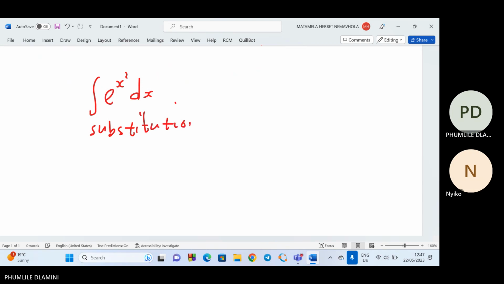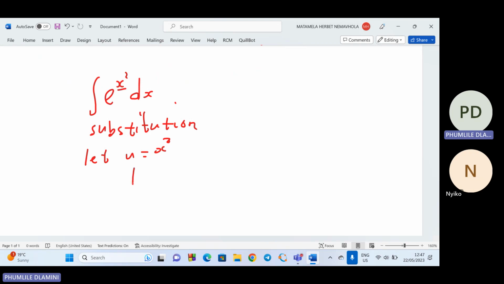So I'm going to let u equal x squared, because I don't know the integral of e to the power x squared. I will just say u equals x squared, the one on top there.